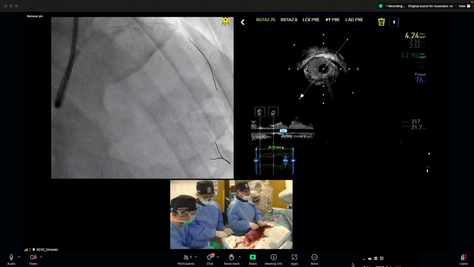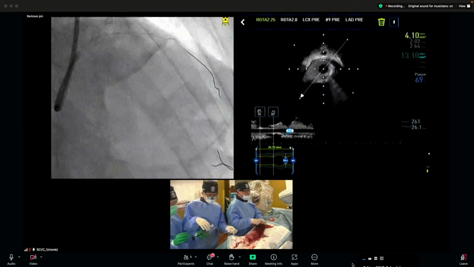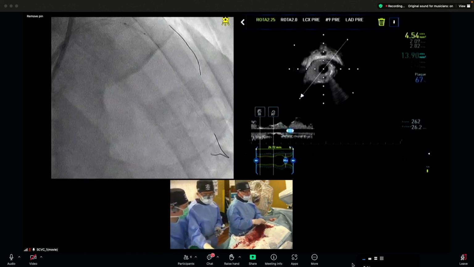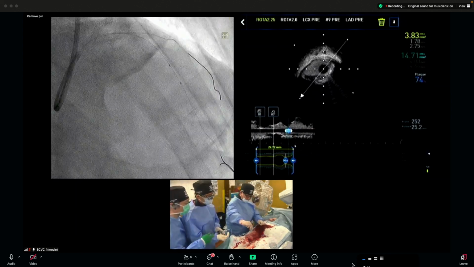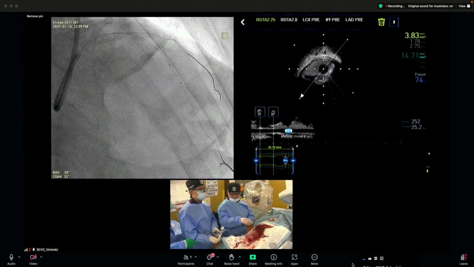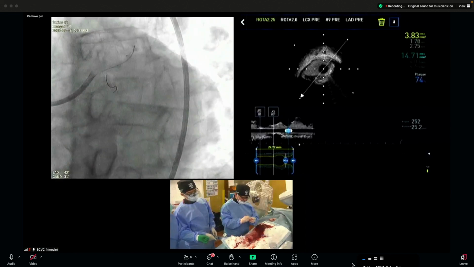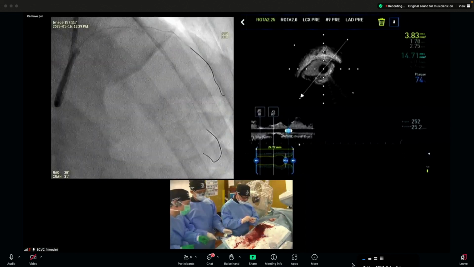Can you show us the angiography after rotablation? We only see the IVUS image. We would like to see the angiography. Actually, I have not yet taken the picture after rotablator 2.25.